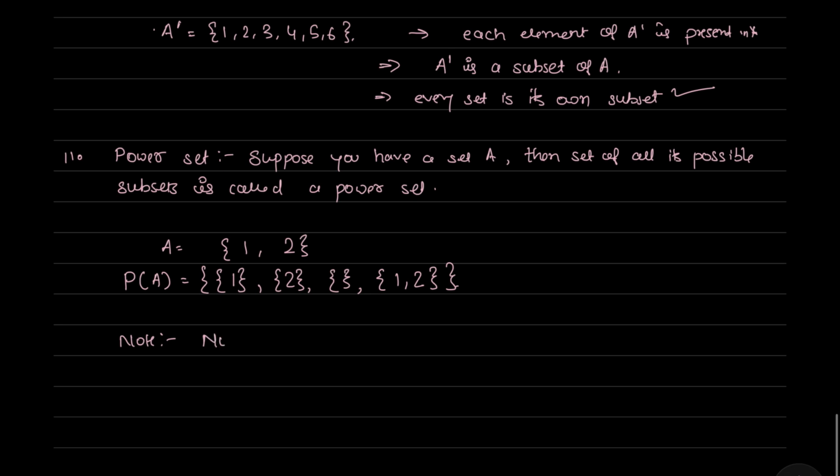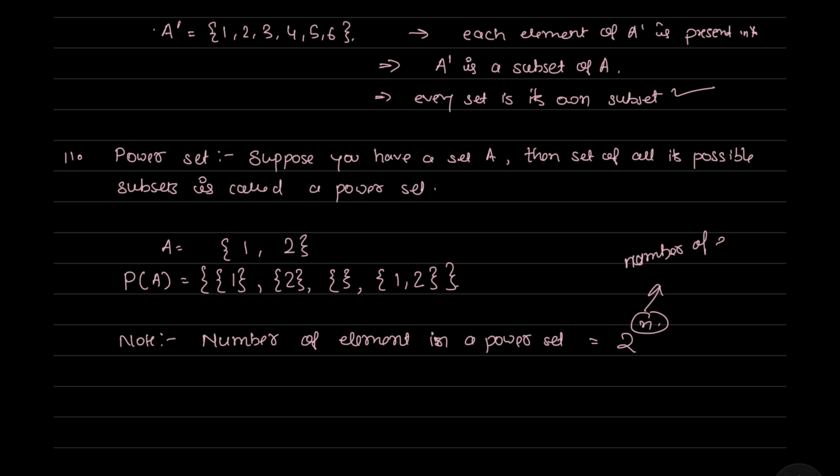Note: the number of elements in a power set is equal to 2 to the power of n, where n is the number of elements in the concerned set.